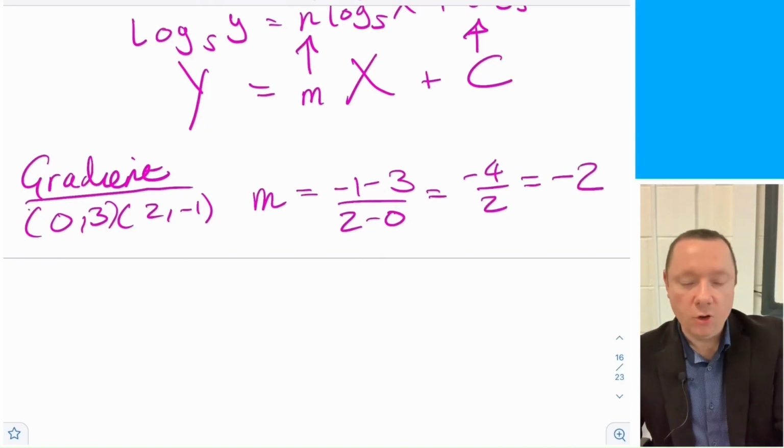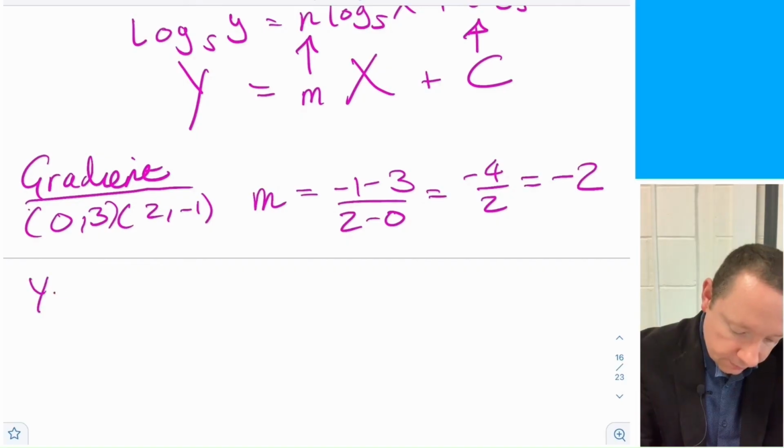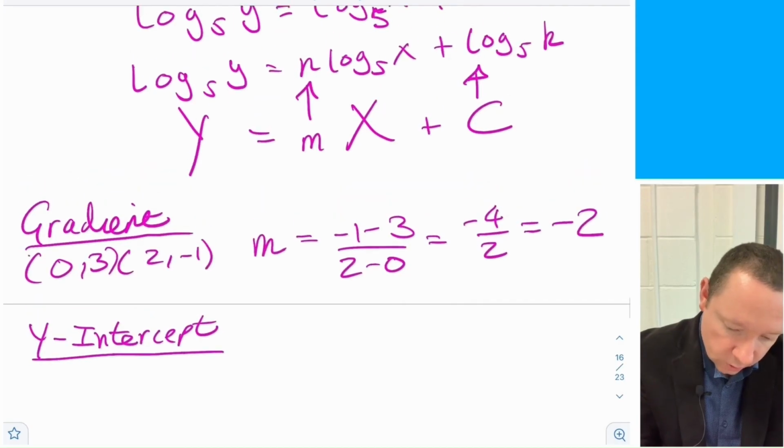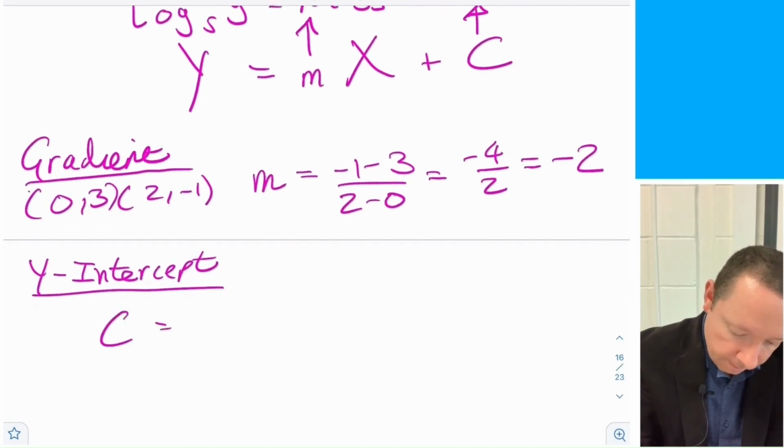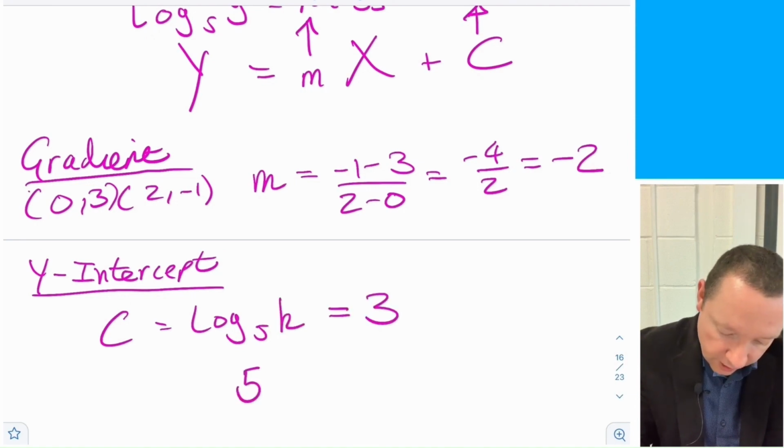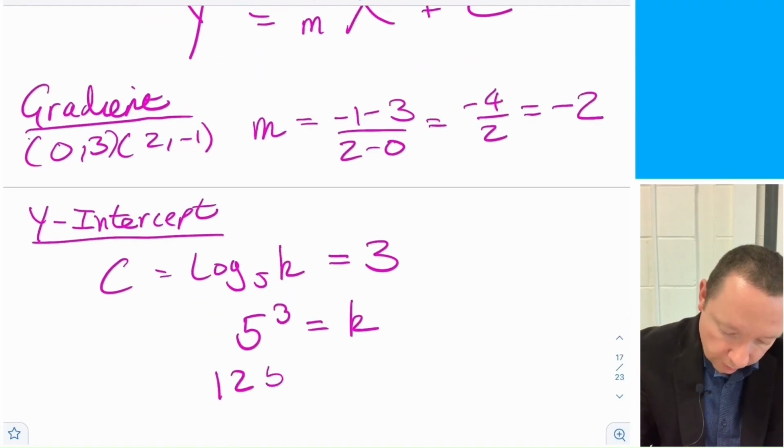We can then do our y-intercept. That's c, remember. So c was log 5 k. That crosses the y-axis at the number 3. So that means that 5 cubed equals k. So 125 equals k.